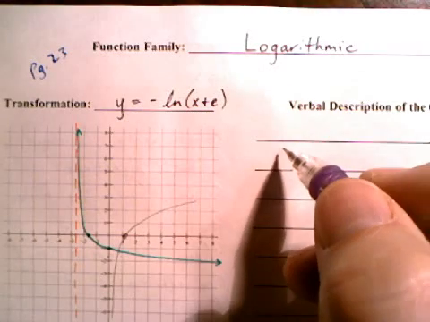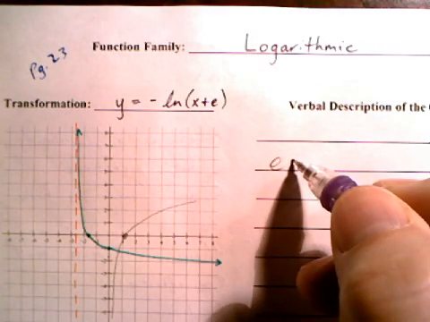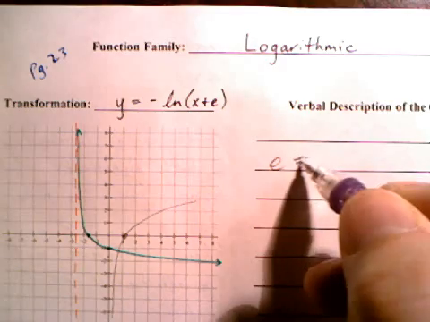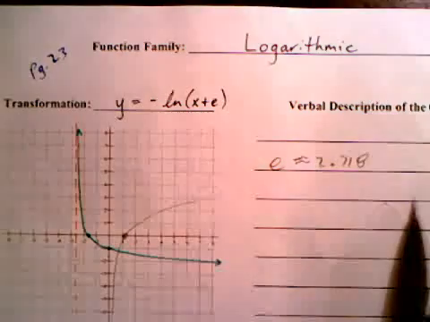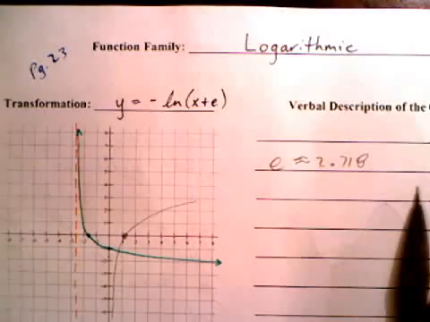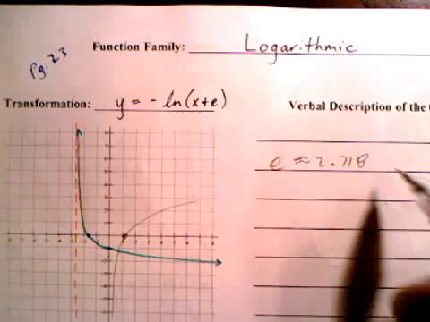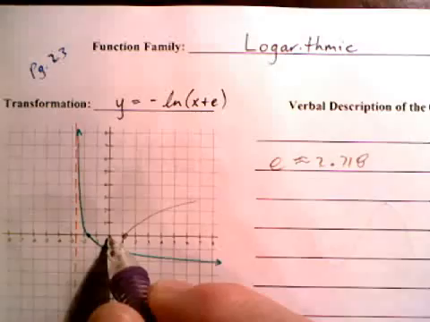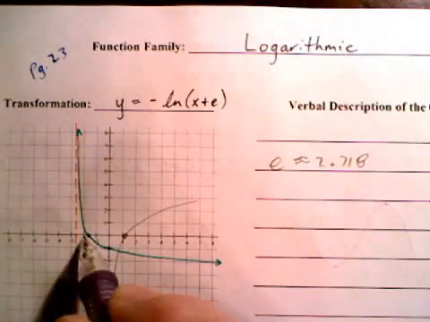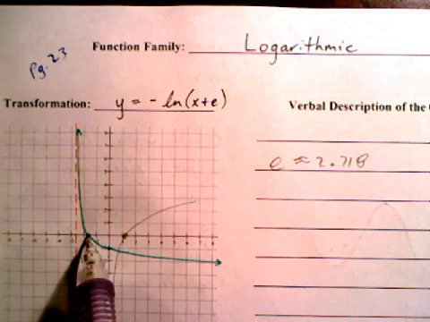Well, remember e is 2.718. So we're going to go almost 3 units to the left. So we go 1, 2, and then almost 3 units to the left.